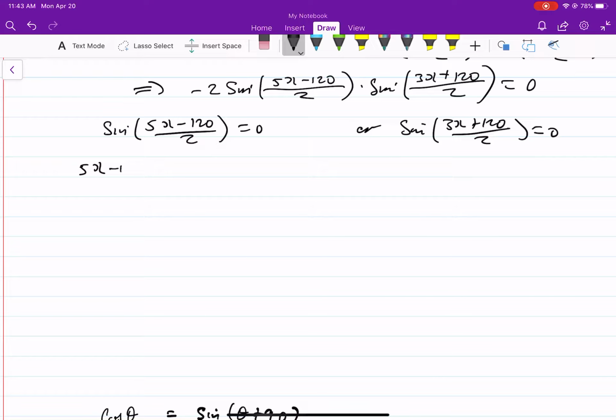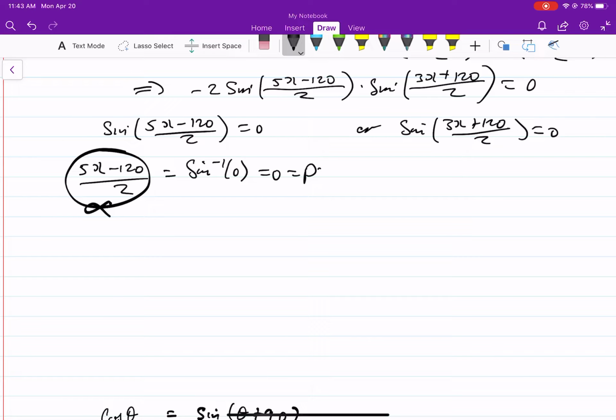5x minus 120 upon 2 is equal to sine inverse of 0, which is 0, which is my principal angle. This is my alpha, and this is my principal angle. You remember when we deal with the sine function, then the general solution is alpha is equal to 180n plus minus 1 to the n times p.